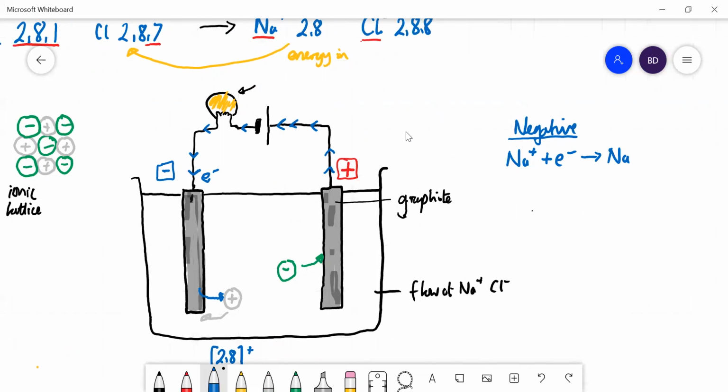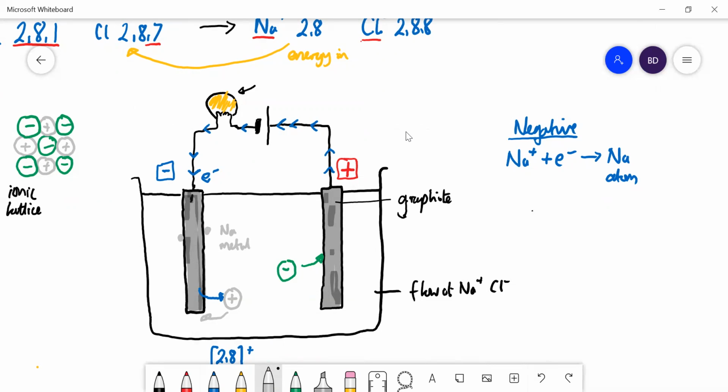So all the sodium ions, as they get there, pick up electrons and turn back into sodium metal. This is an atom, it's not an ion anymore. And so what you will see is little globules of sodium will start forming here. So that's Na metal. So you're breaking down the sodium chloride.